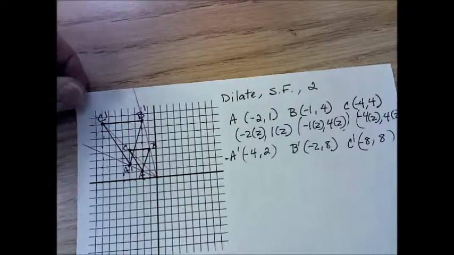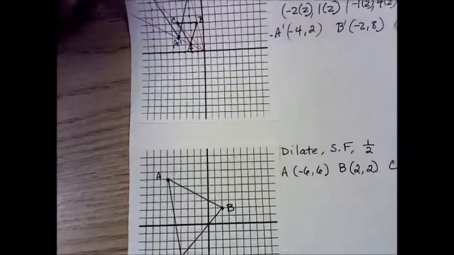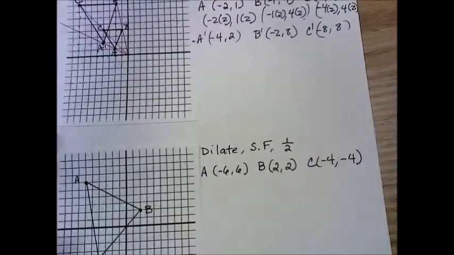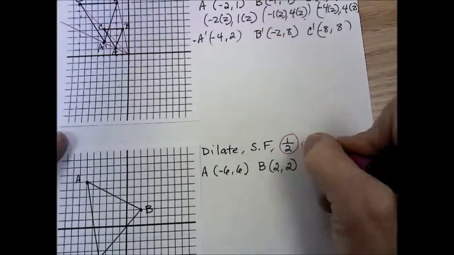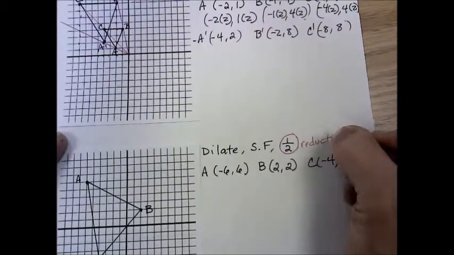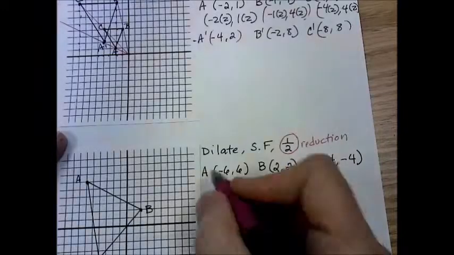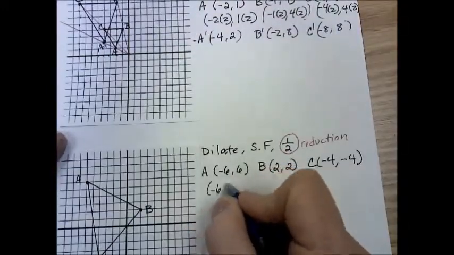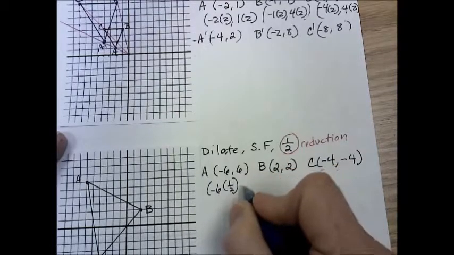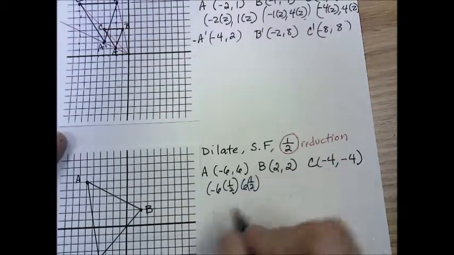All right, let's try one more triangle. And this time, let's dilate using a scale factor of 1/2. We know since this is a fraction, this is going to be a reduction. So let's go ahead and we're going to have -6 times 1/2 and +6 times 1/2.